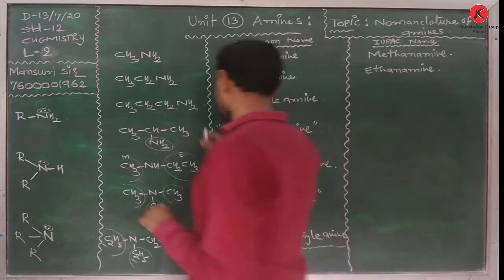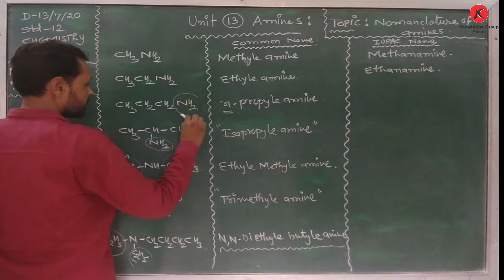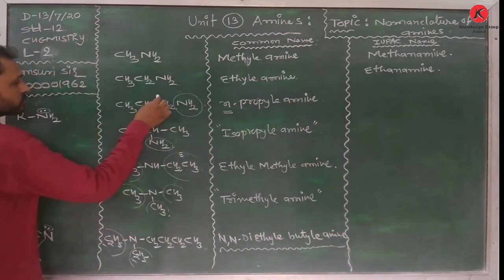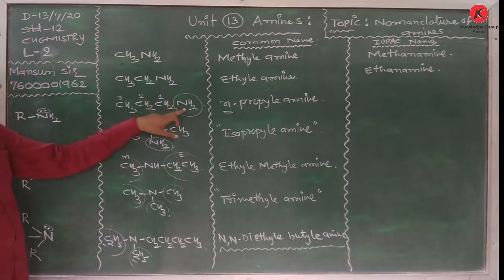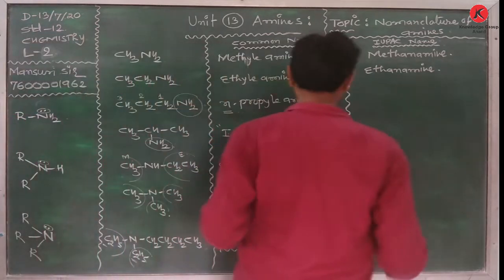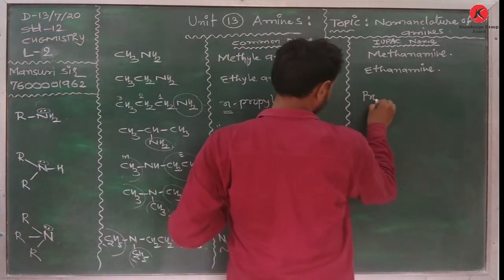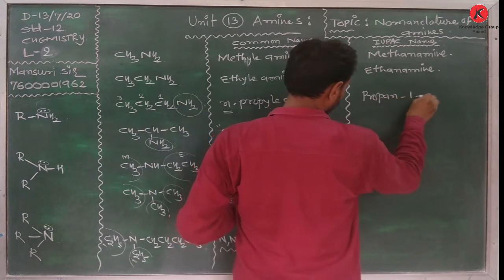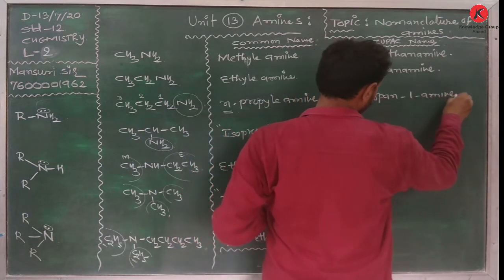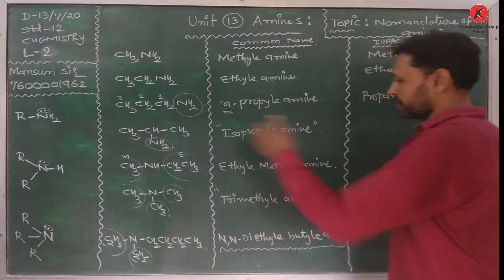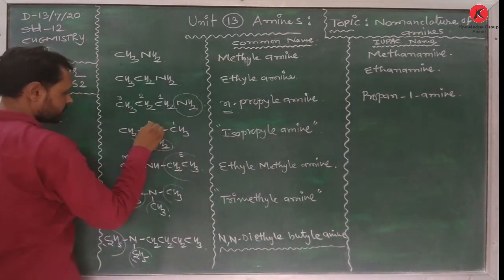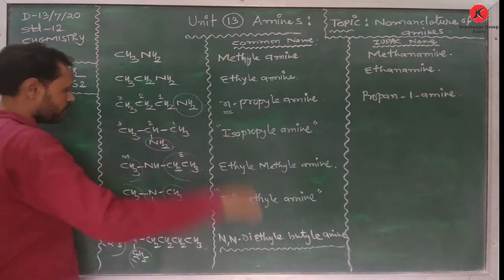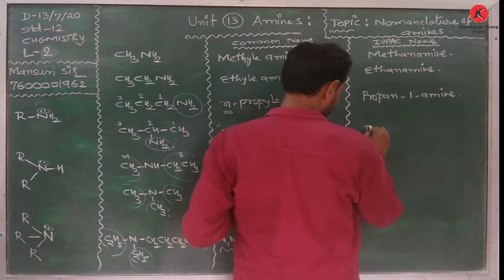But whenever a 3-carbon chain is there, we have to do numbering. So the amine is on the first carbon, that is why propane-1-amine. Thereafter the amine is on the second carbon. This is first, this is second, so propane-2-amine.